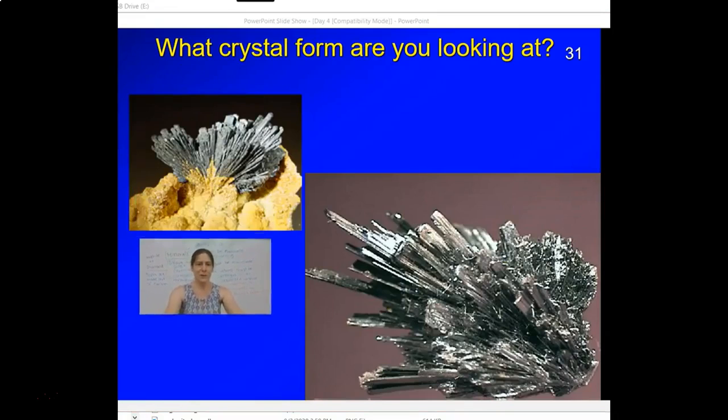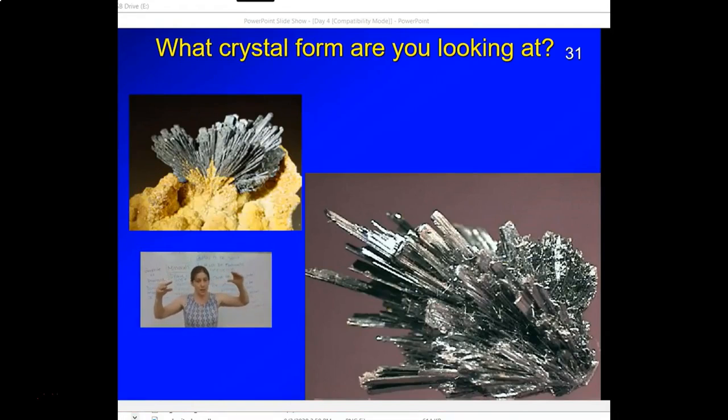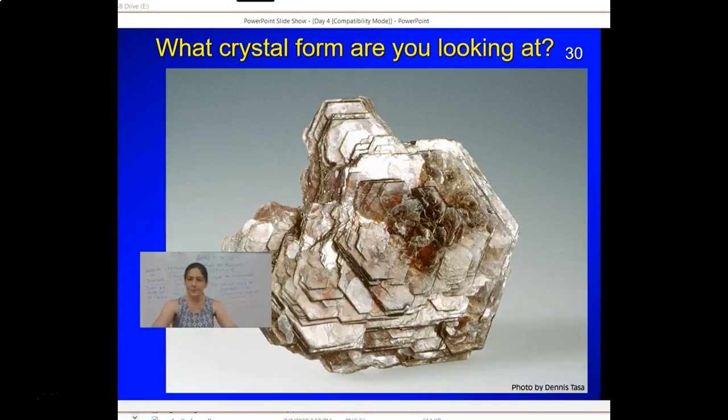This crystal form right here is a lot longer and flat. If it was prismatic, it would be chunky. This is long and flat, almost like a butter knife. It looks kind of like a blade, so think long, flat, as opposed to tabular, which is wider. Tabular is this wider sheet of paper.